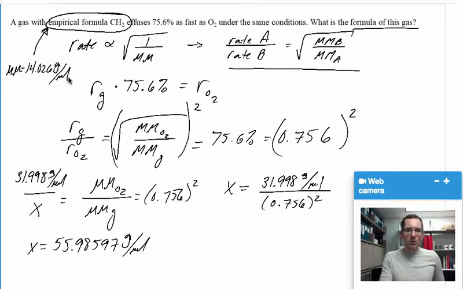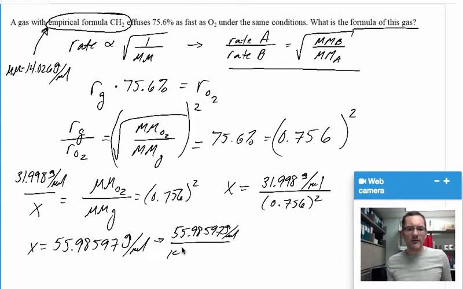So I could take the molar mass of my newly discovered gas, divide that by the empirical formula to get some whole number value. So 55.98597 grams per mole, divide that by 14.026 grams per mole, and I get a value roughly close to 4.